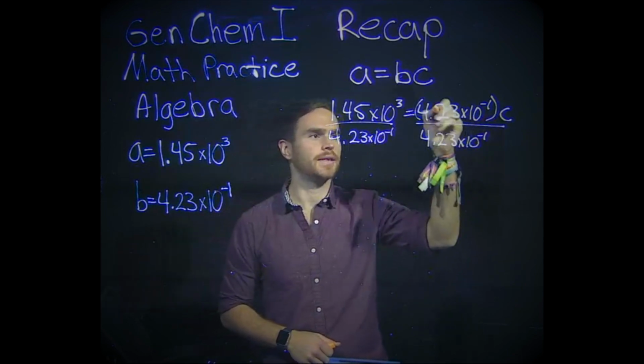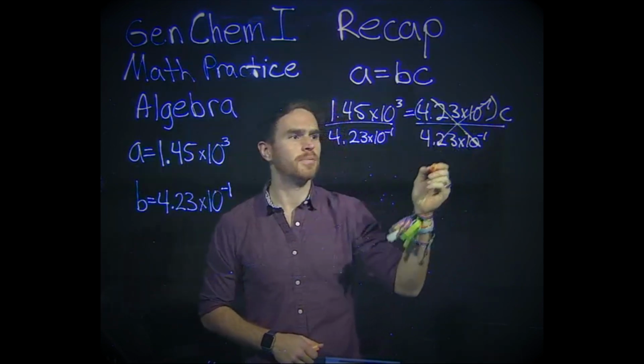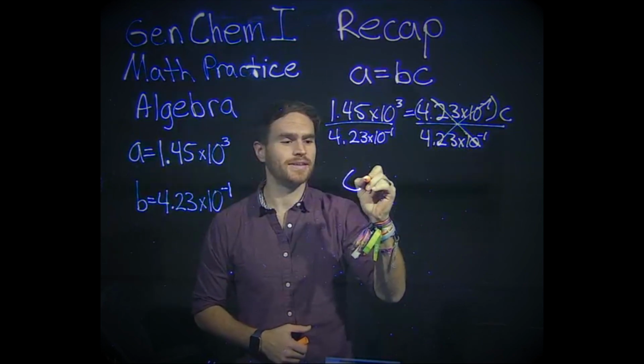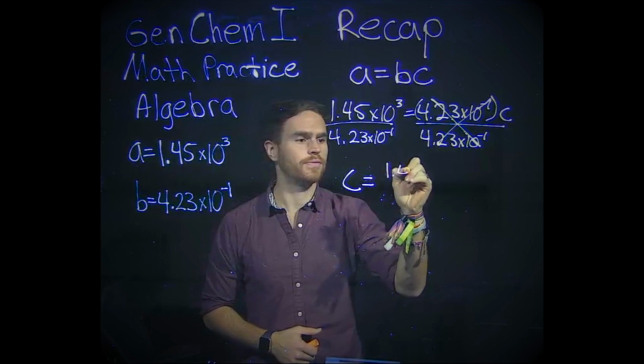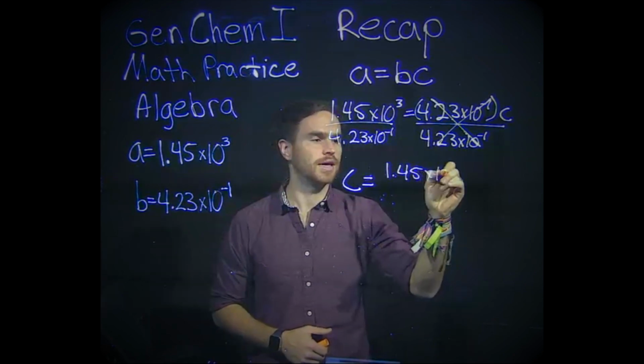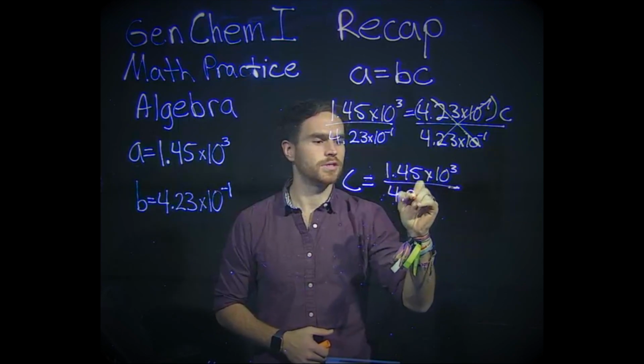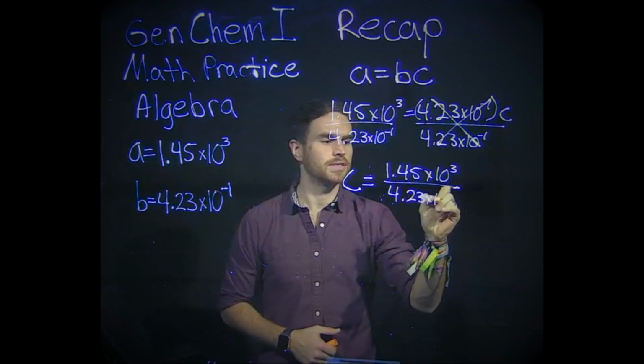we can obtain C by itself by canceling this out, which can be rewritten as C equals 1.45 times 10 to the third divided by 4.23 times 10 to the negative 1.